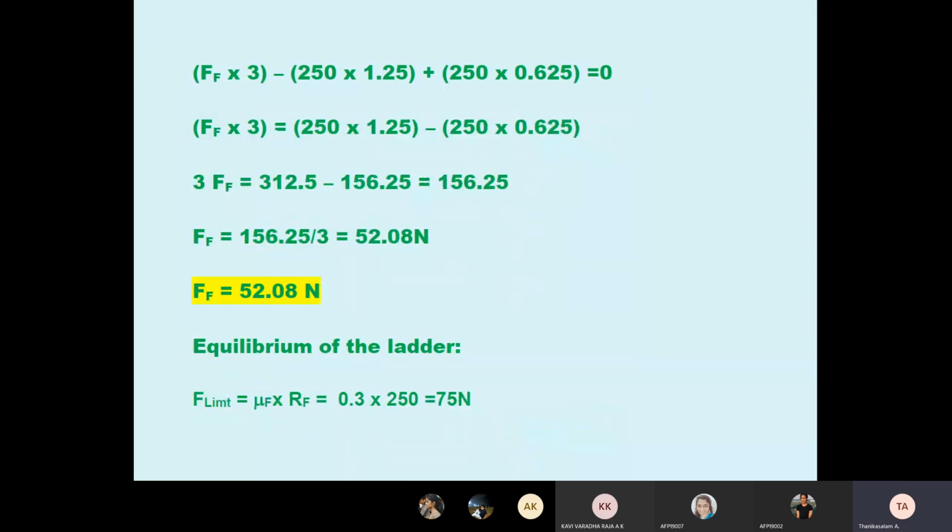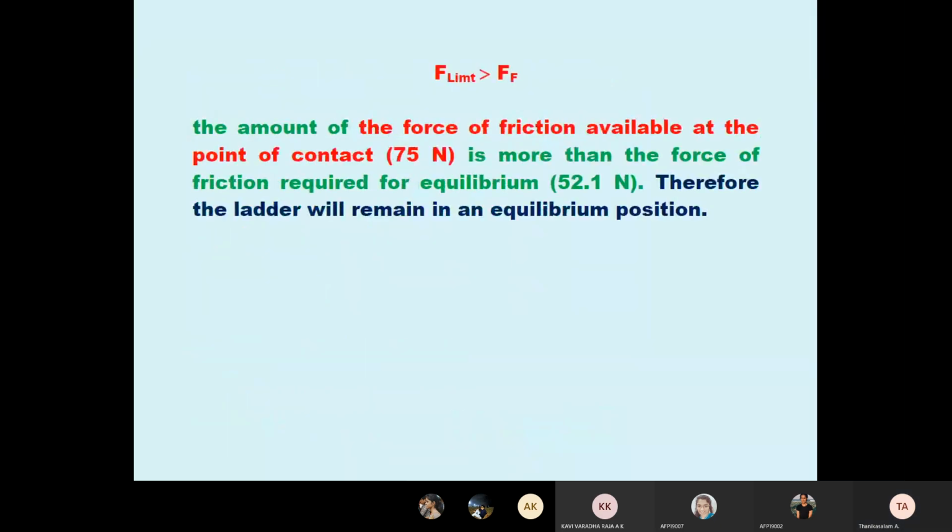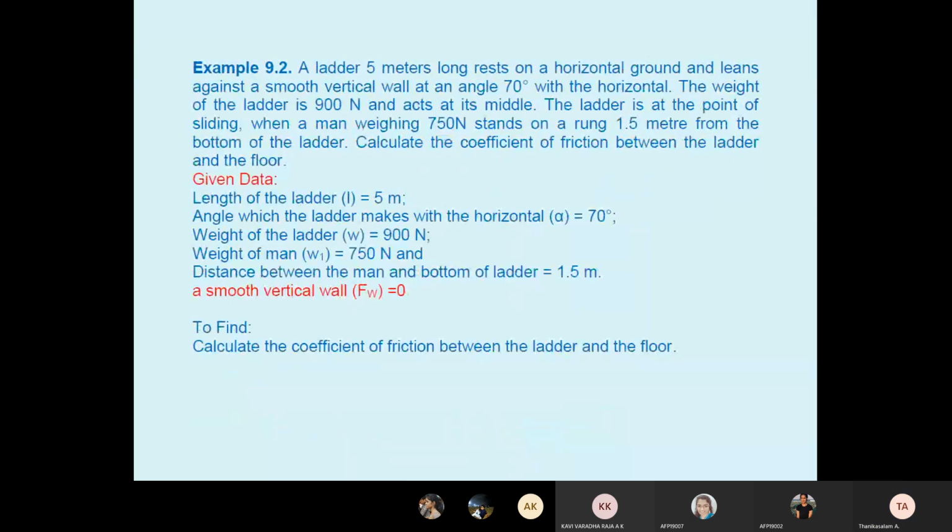Now the second question. Okay. Class, read the second question. A ladder 5 meters long rests on horizontal ground and leans against a smooth vertical wall at an angle of 70 degrees with the horizontal.